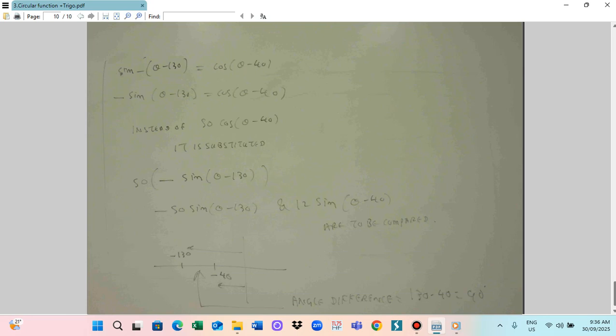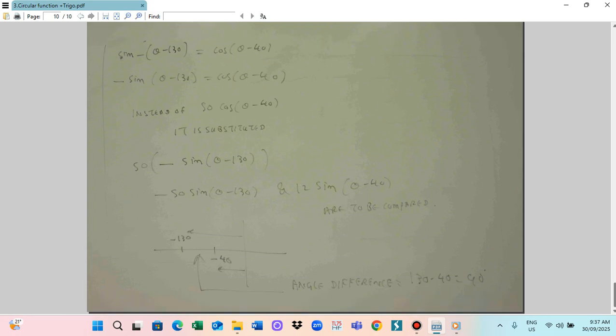So this one and 2 sine theta minus 40 are to be compared. Now you just compare sine theta minus 130 and sine theta minus 40. How to calculate?